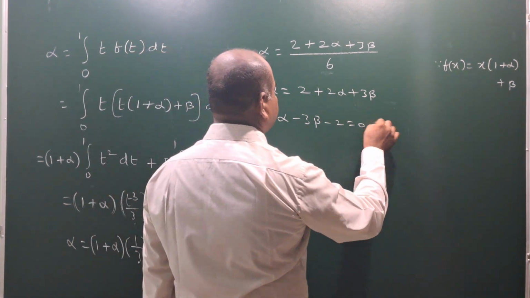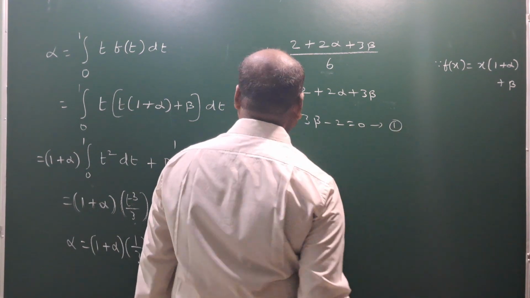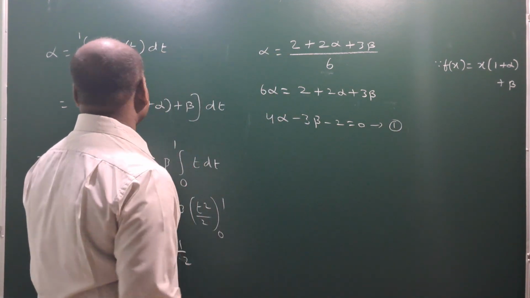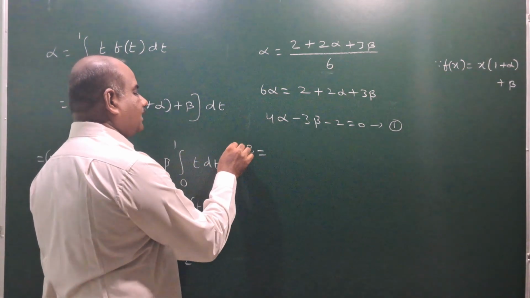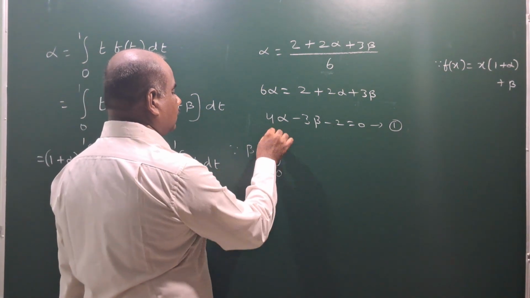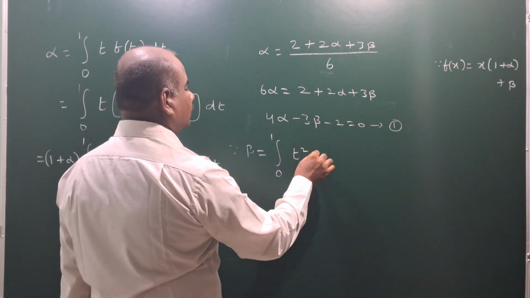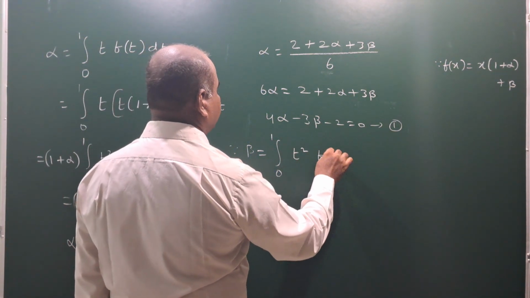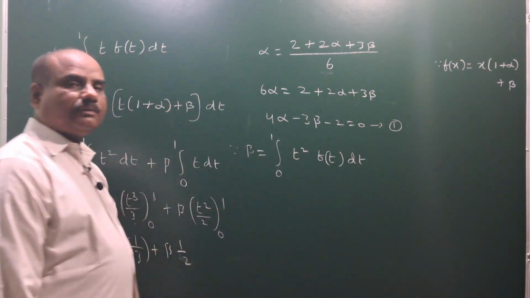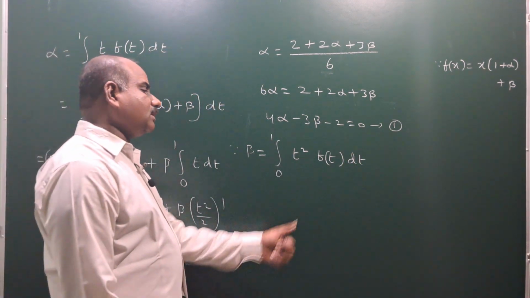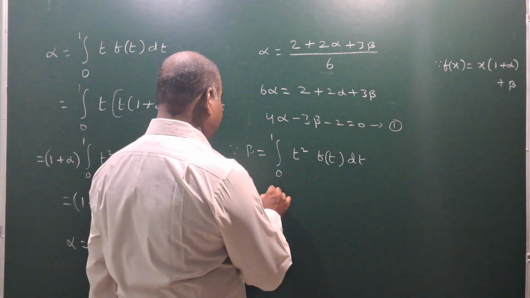Let us say this is equation number 1, and next we take beta. We know that beta means integral 0 to 1 t square f of t dt. Now substitute the value of f of t once again.